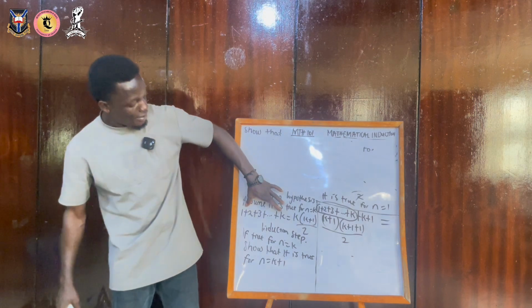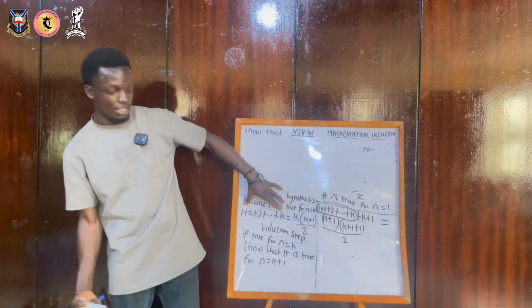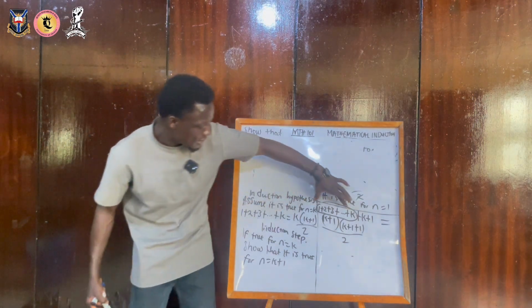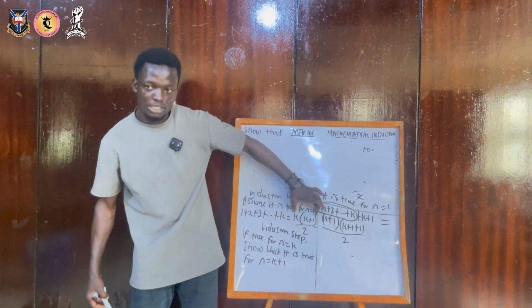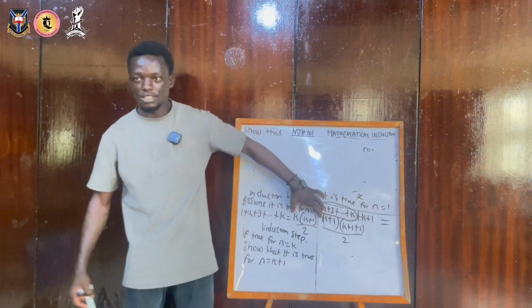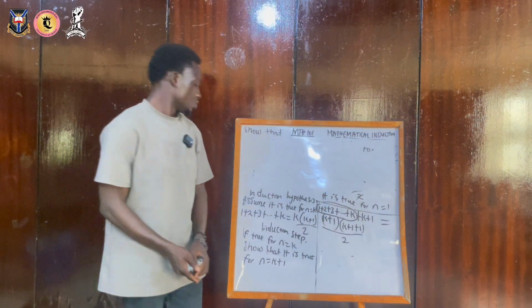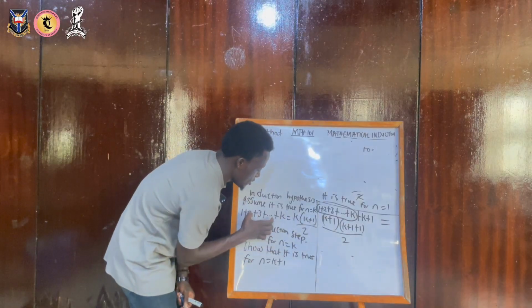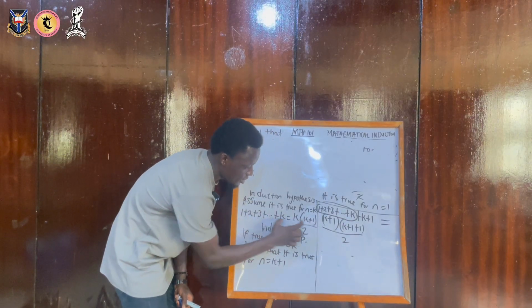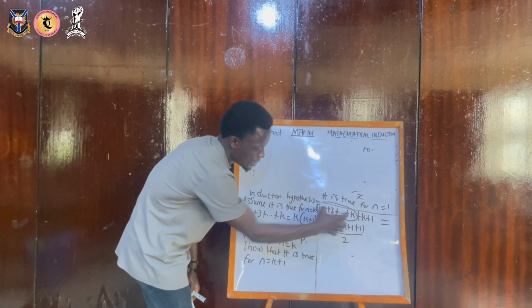And during our n equals to k, this is the summation of the first k terms, which is the same thing as this. And if this is equal to this, that means we can replace this with this.